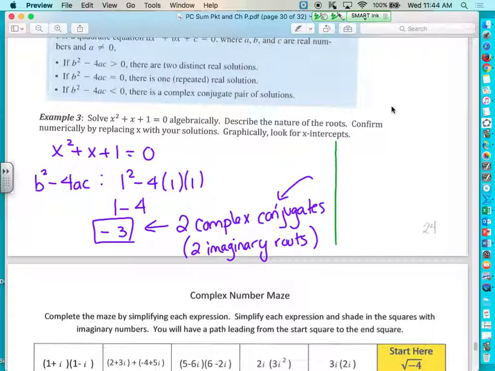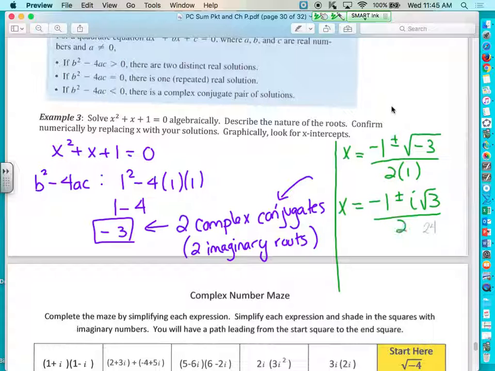So x equals negative b, so negative 1, plus or minus the square root of b squared minus 4ac, which you just found was negative 3, divided by 2 times a, which is 1. Square root of negative 3 is going to be i root 3, divided by 2. Nothing reduces here. So we did indeed have 2 complex conjugates: negative 1 plus i root 3 over 2, and negative 1 minus i root 3 over 2.